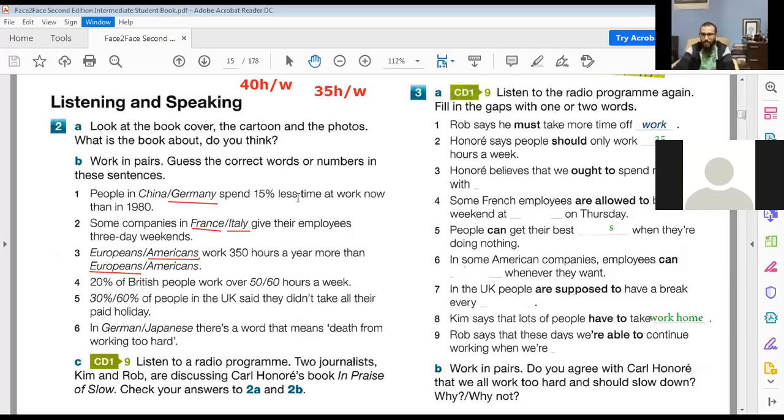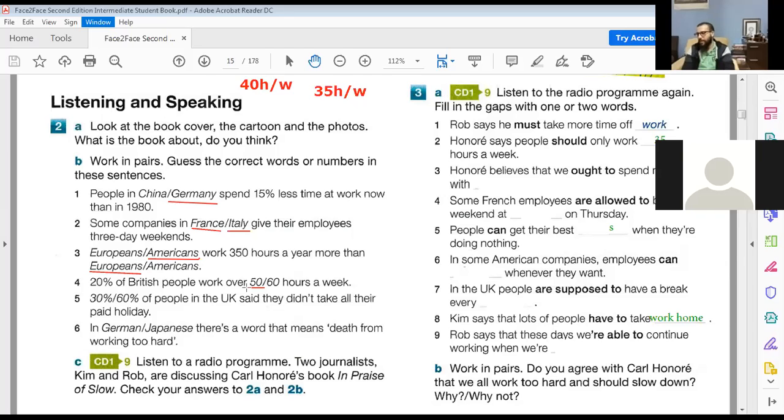What do you think? Do you think it's more than 50 or more than 60 hours a week? 50, 60, yeah. 60. All right. So do you know what it means, 50 hours a week? This means if you don't work on Saturday and Sunday, you work 10 hours a day.